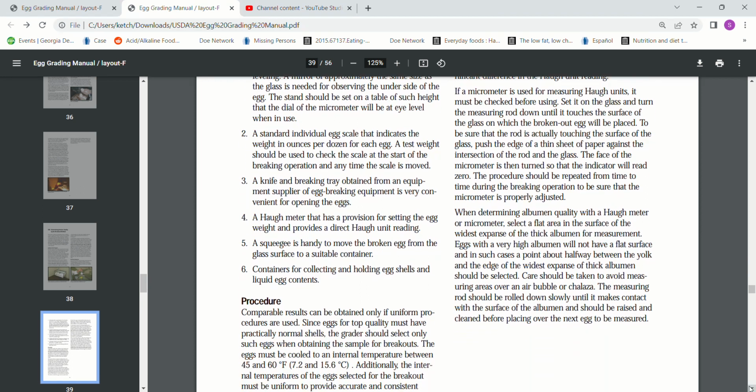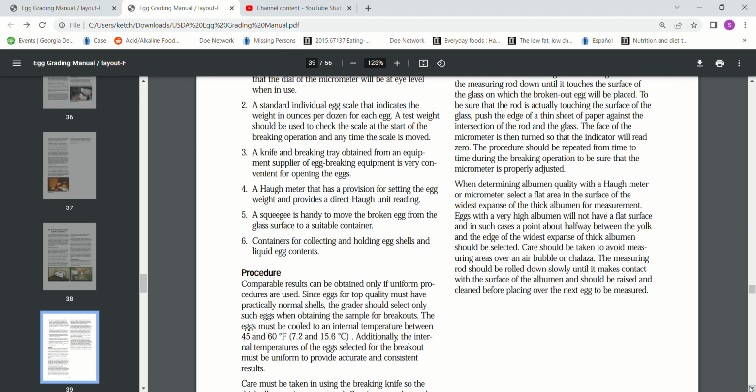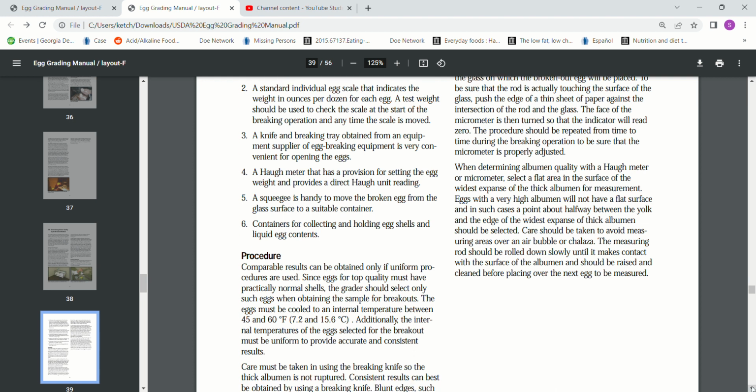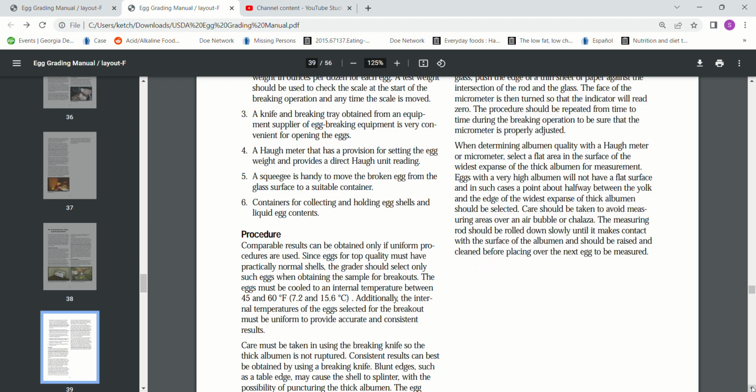A standard individual egg scale that indicates the weight in ounces per dozen for each egg. A test weight should be used to check the scale at the start of the breaking operation and any time the scale is moved. A knife and breaking tray obtained from an equipment supplier of egg breaking equipment is very convenient for opening the eggs.